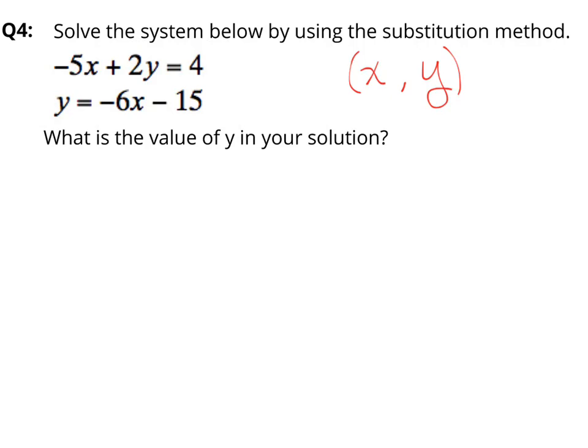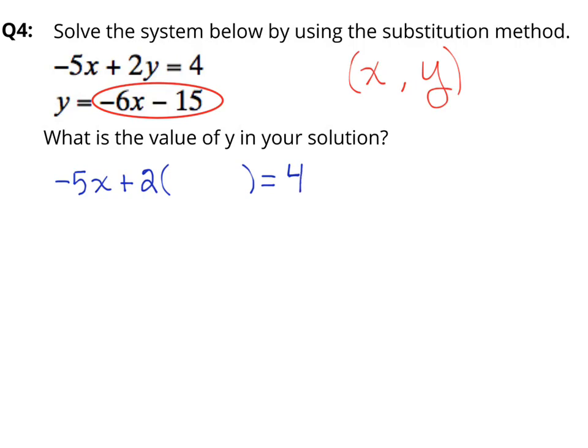So we know that on our next equation, wherever we see a y, instead of that y, we can write negative 6x minus 15. So here we go. We have negative 5x plus 2y, but instead of y, I'm going to open parentheses, equals 4.